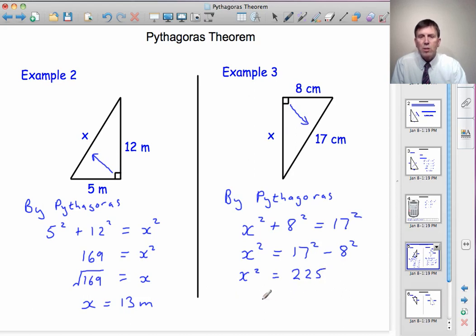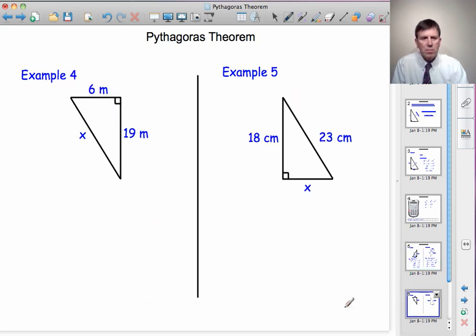So if x squared is 225, x is the square root of 225. So I simply hit inverse square root on this calculator and it says 15. Check the units. The two sides given were in centimetres, so the answer will also be in centimetres. So the missing side, x, measures 15 centimetres.